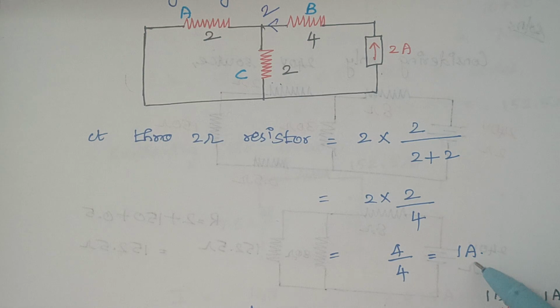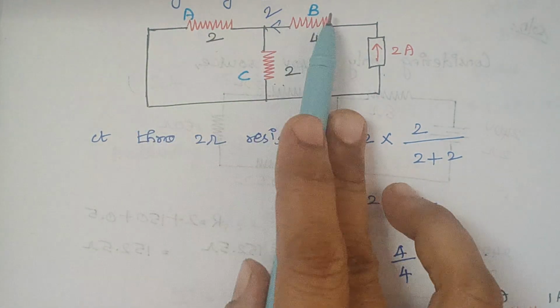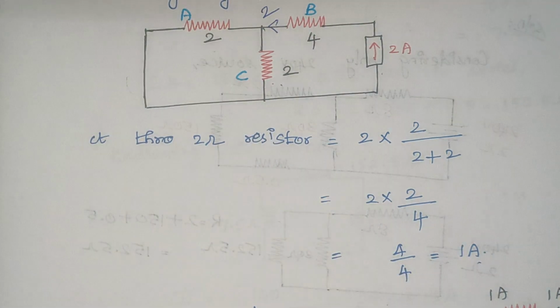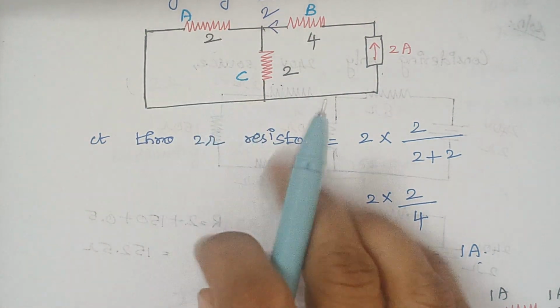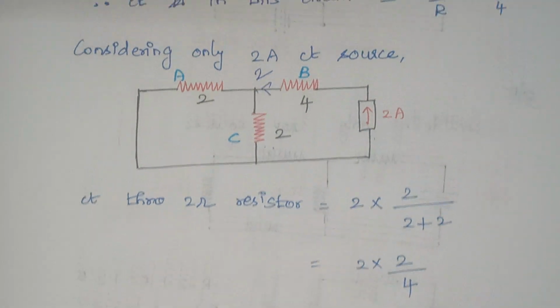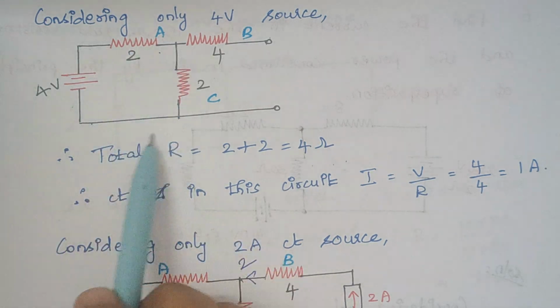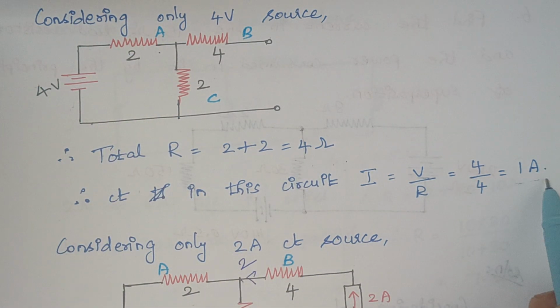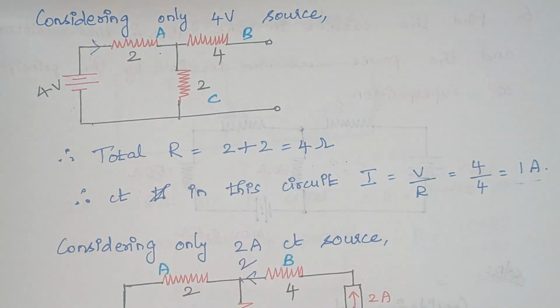Right. Now we are going to calculate the current through each resistor, that is current through A, current through B and current through C. Right. So first consider current through A. Right. So here again when you look back at this circuit, you see what is the current that flows through this? It is 1 amp. And how it flows? It flows like this, in this direction.